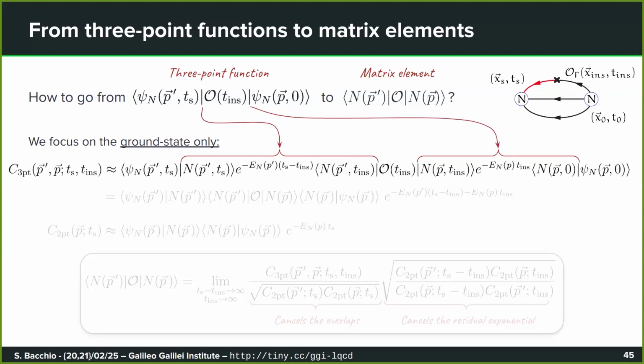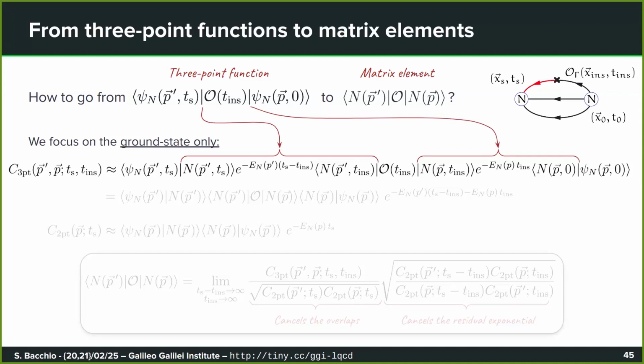You see that if you let them propagate far enough, and you insert a complete set of states in between here and here, this complete set of states is again a series of exponentials where we have ground state dominance, with only one state surviving, which is our ground state particle, that in this case is the nucleon. Then you have all the other states, but in ground state dominance, all of them are exponentially suppressed, and you have only one surviving.